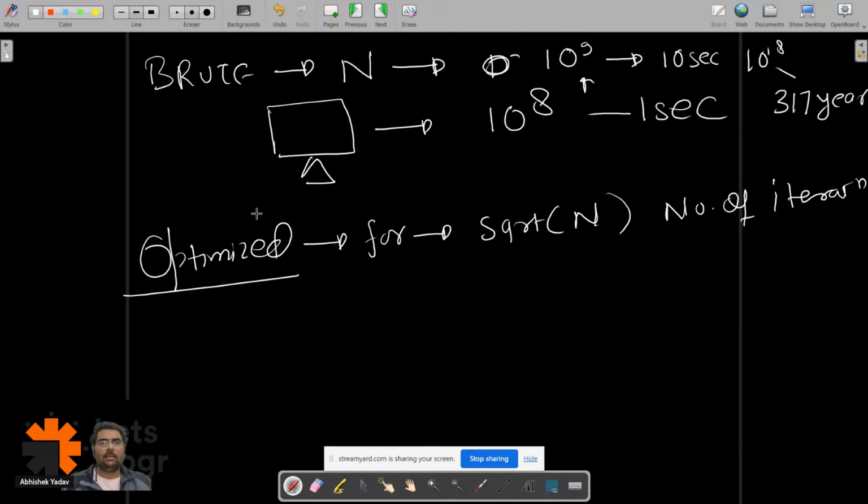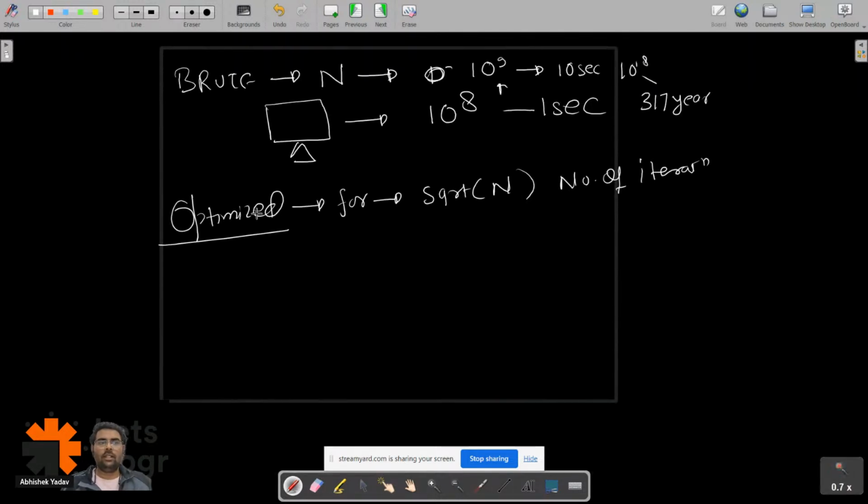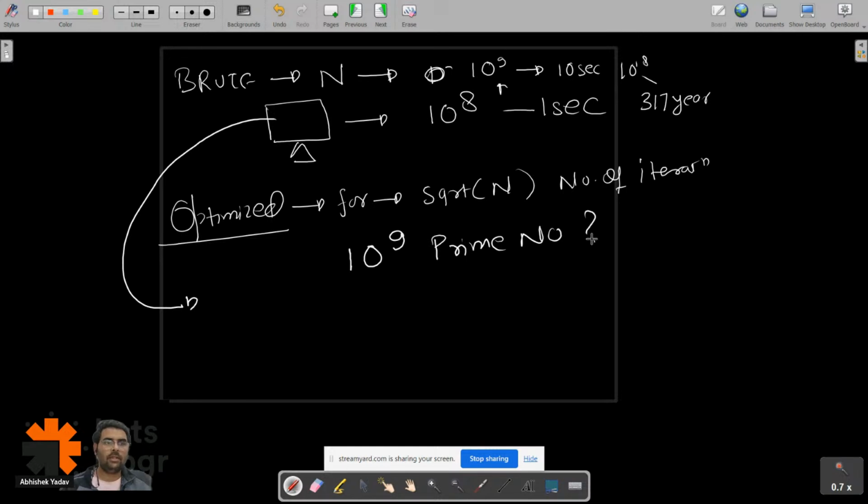Our budget is a little low, so we are not taking a MacBook or some powerful computer having a high processor. We are taking the same computer here. And again you are saying that I have to check whether 10 to the power 9 is a prime number or not.